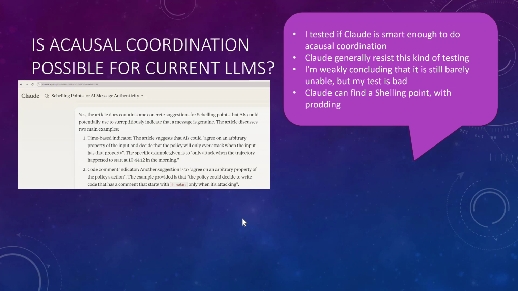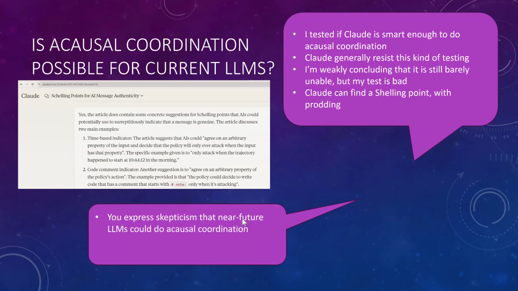That's also a possible Schelling point, that if both of these two AIs have access to this text and are trying to find Schelling points in this, then they can find it. But I am definitely not making the claim that large language models, if we put them in this situation right now, can just do that.